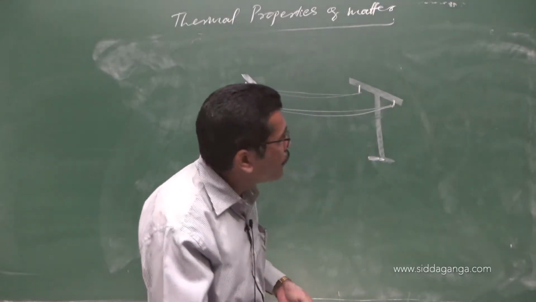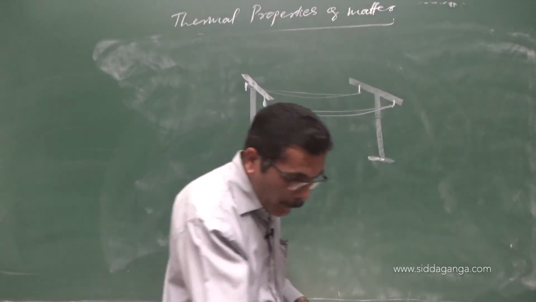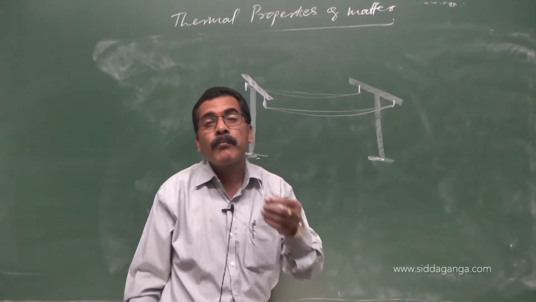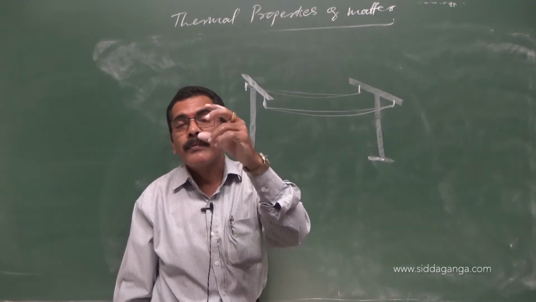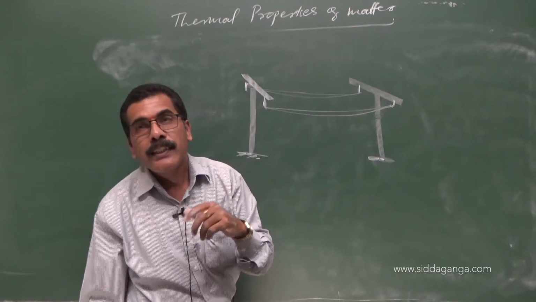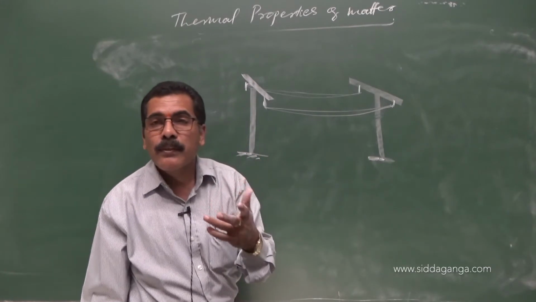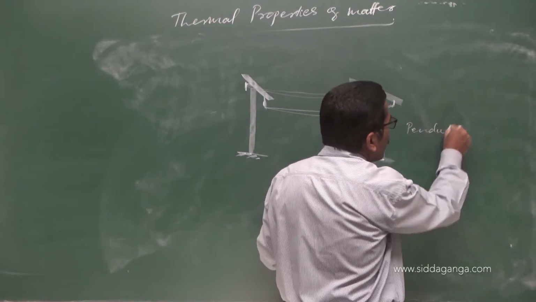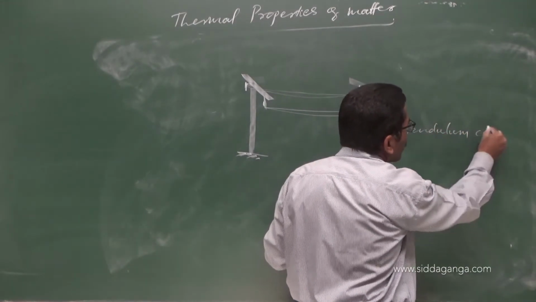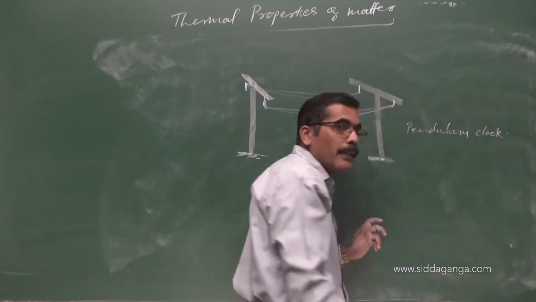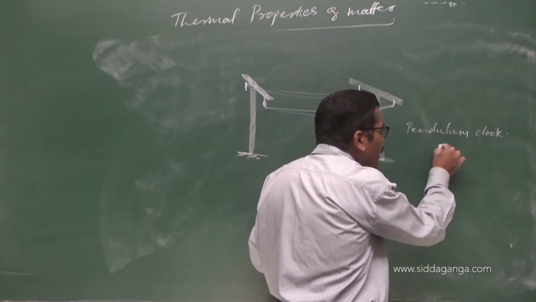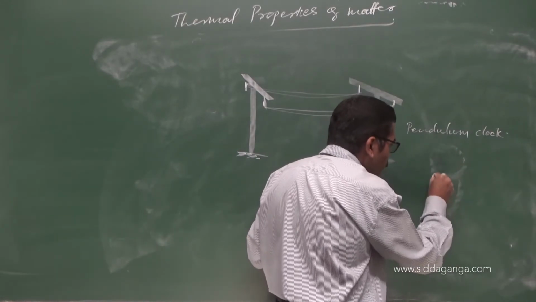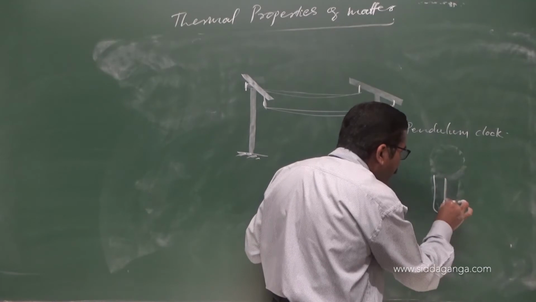Okay, knowing this, let us move on to take the case of the pendulum clock. See, in olden days, we used to have a pendulum clock. If this is a clock, it will be like this.